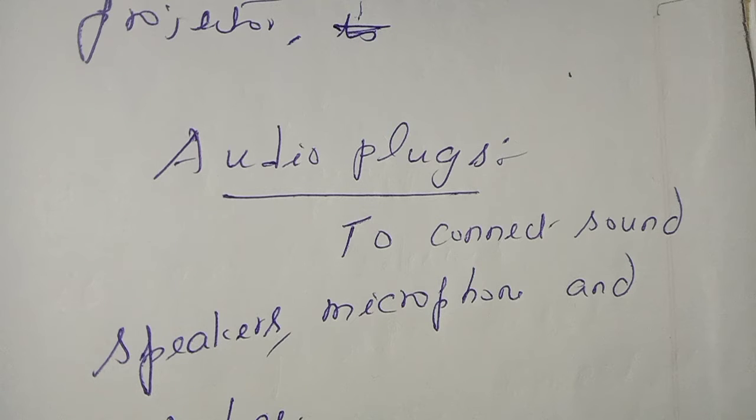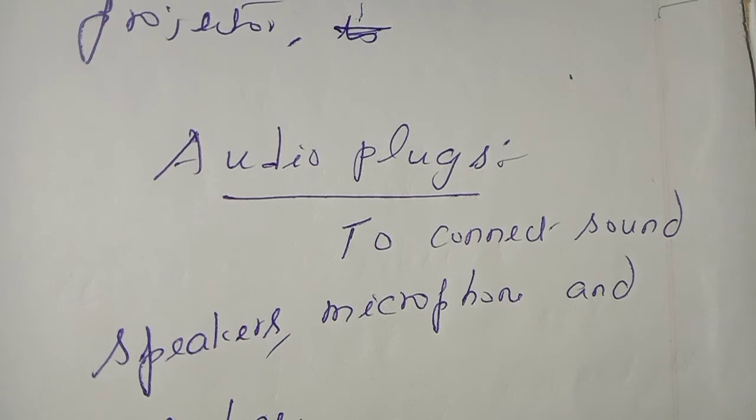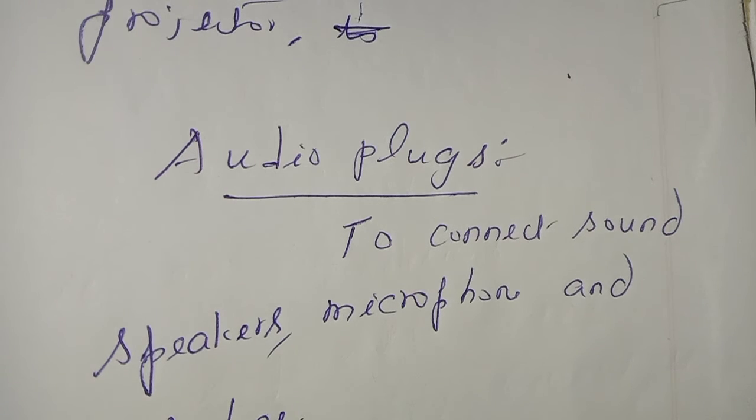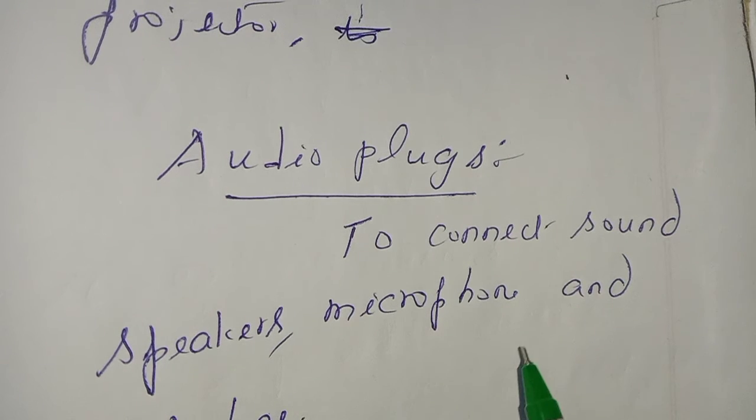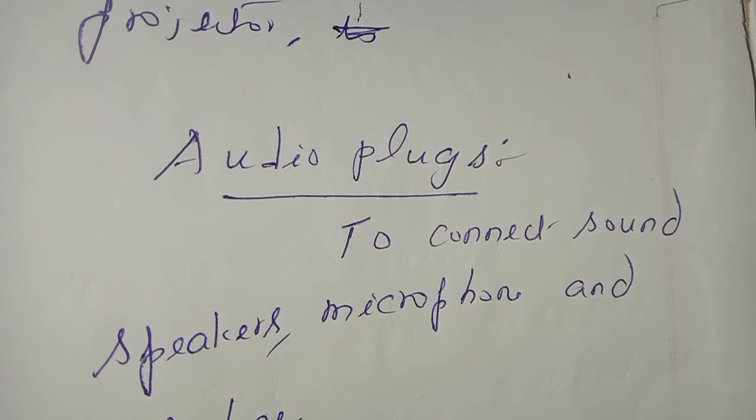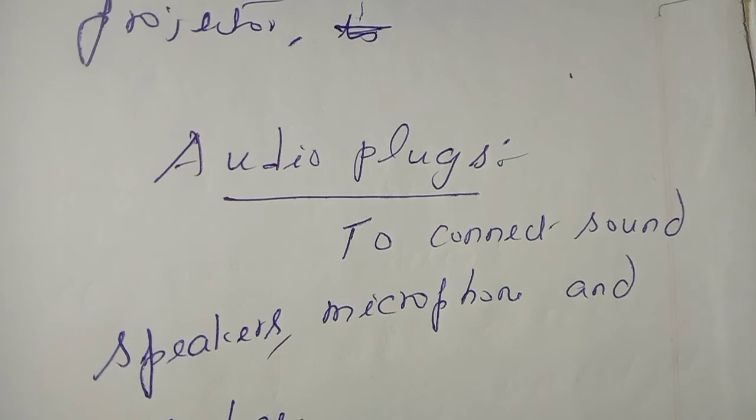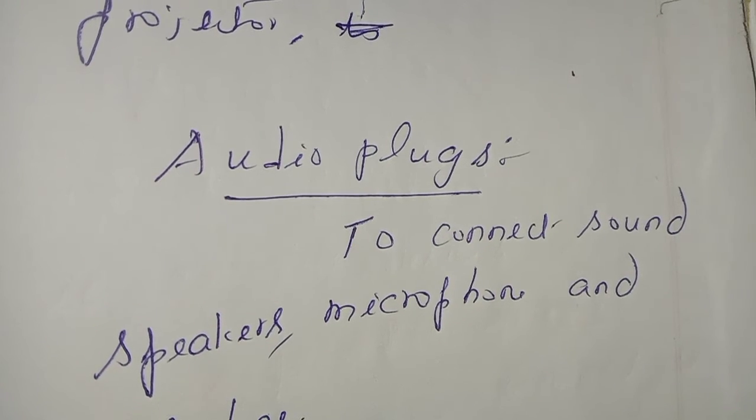Multi means not only text: audio can also be given as input, and video and pictures too. Audio, video, text, whatever it may be, is called multimedia. It is the flavor of computers nowadays. Then SCSI is used to connect the hard disk.